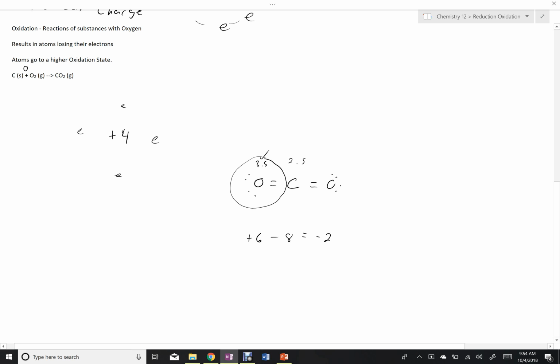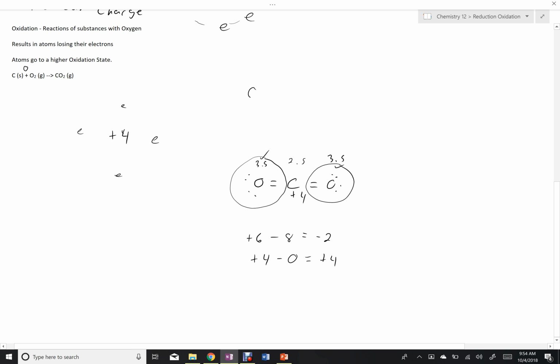Carbon, on the other hand, now has credit for none of its electrons because it's bonded with 2 oxygens. Those oxygens haven't stolen those electrons, like we would say in an ionic bond, but from the point of view of an oxidation state, they're dominating, they're taking them for the most part. So now carbon has an effective nuclear charge of +4, and then there are 0 electrons associated with it, so it has gone to an oxidation state of +4.